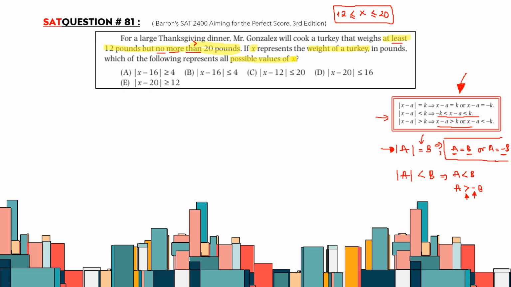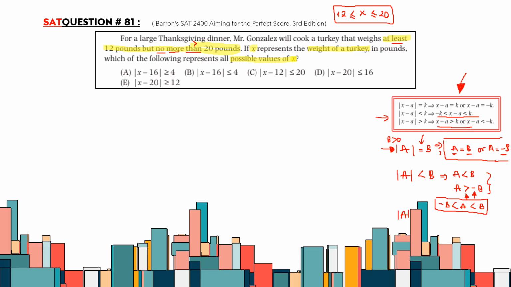Let's say B is a positive number, B greater than 0. Then you will have negative B less than A, and A less than B. This is the step that takes me about 10 seconds to figure out, but I will memorize it anyway.